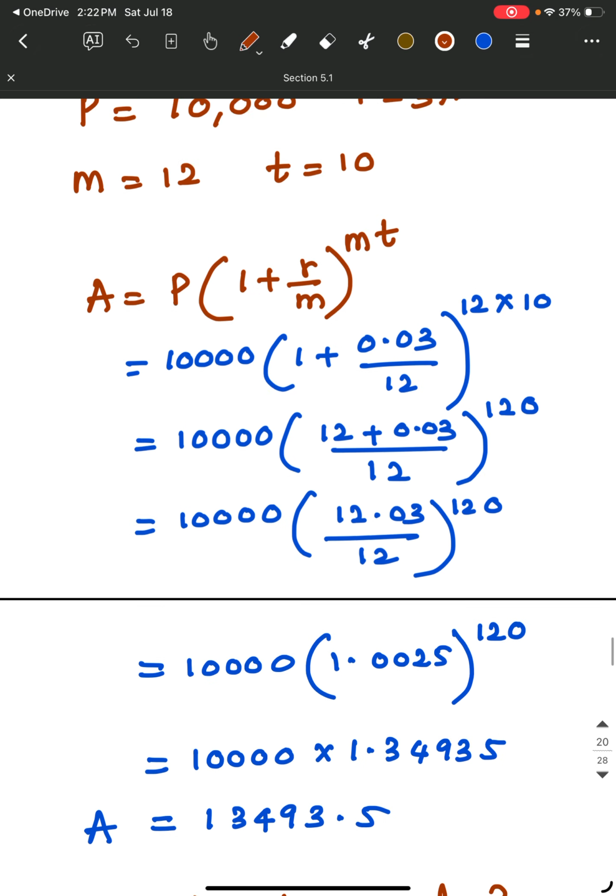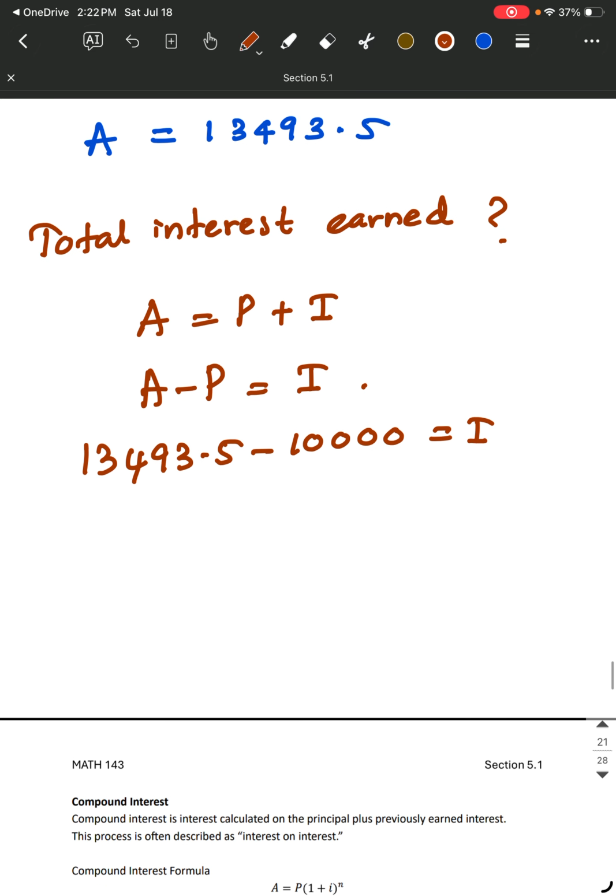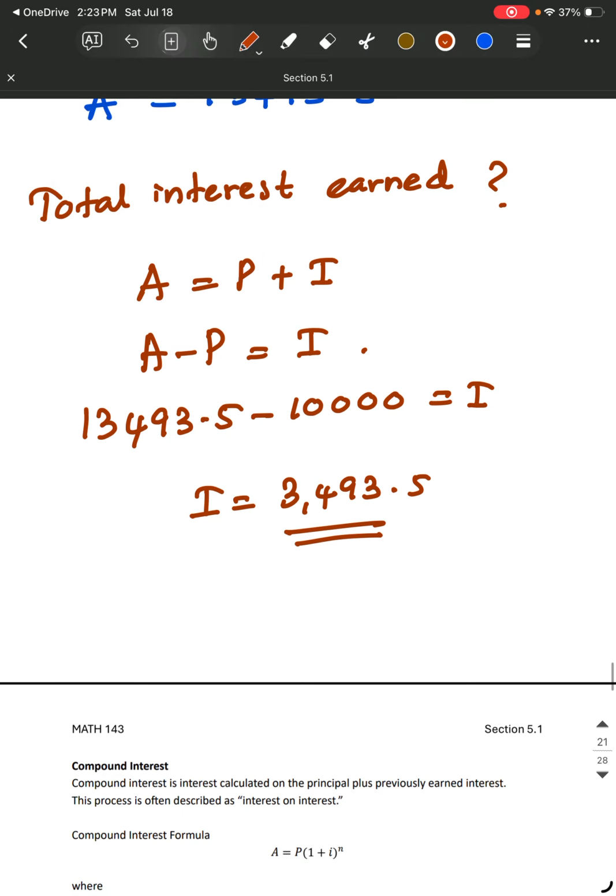During the 10 years, compounded monthly, you earned the total interest amount $3,493.50. Okay, let's move forward to one more example.